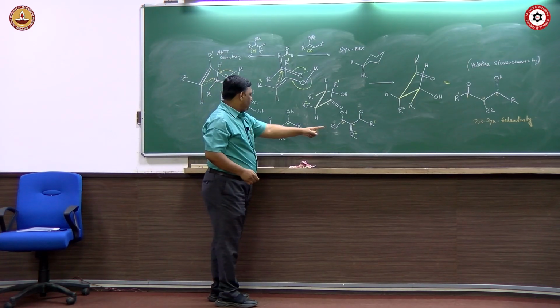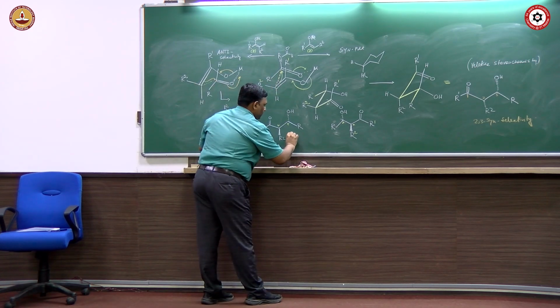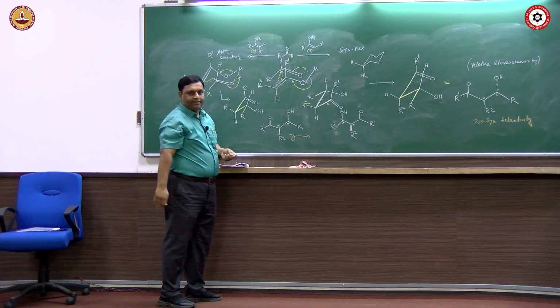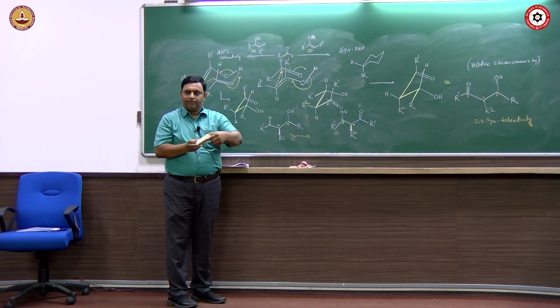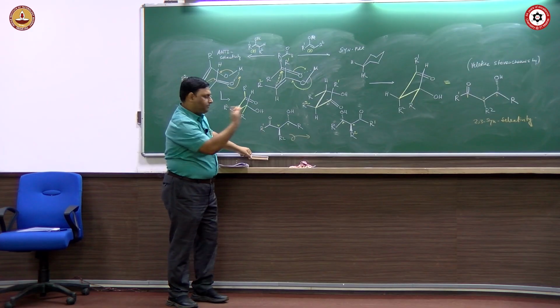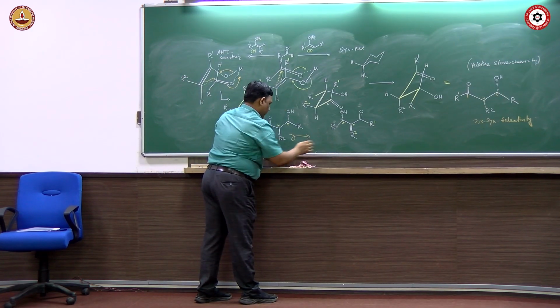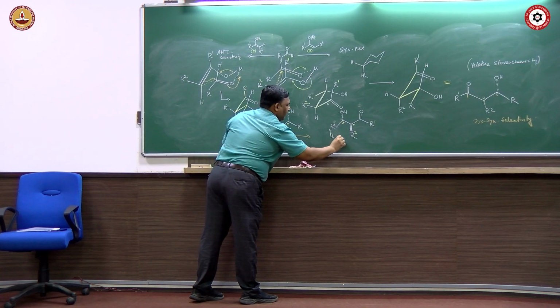Now, I just want to make the same thing, I just do the flip of this one, such that the R1CO comes on the right side and we can compare. So the molecule was like this and you just flip it like this, an out-of-plane flip. So in that case, I get a carbonyl here and R1.